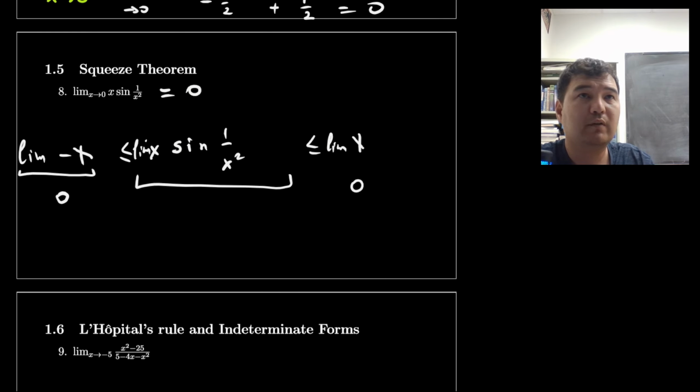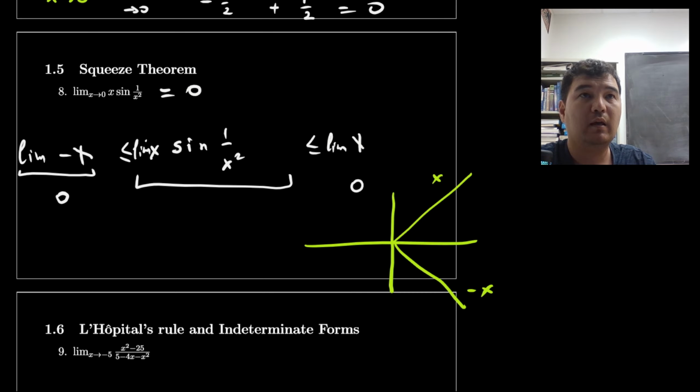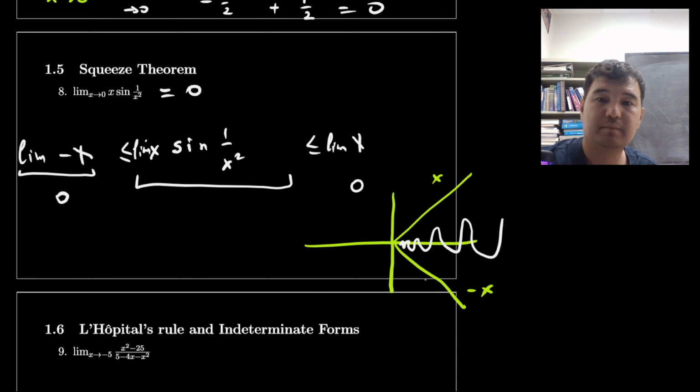If you draw the graph of this function, it would be something like this: the graph of x and the graph of negative x, and our function x times sine of 1 over x squared would look something like this, which is squeezed between these two lines.